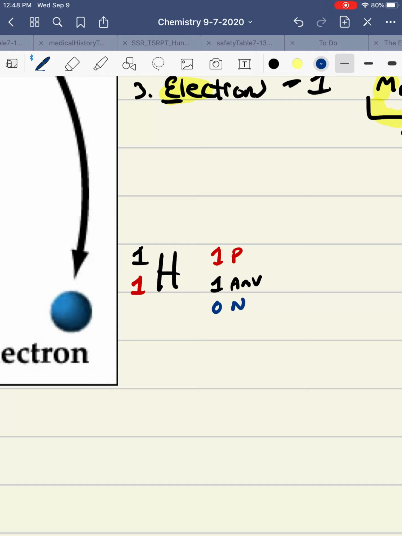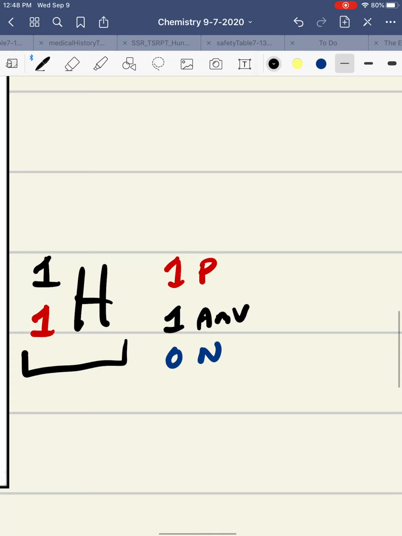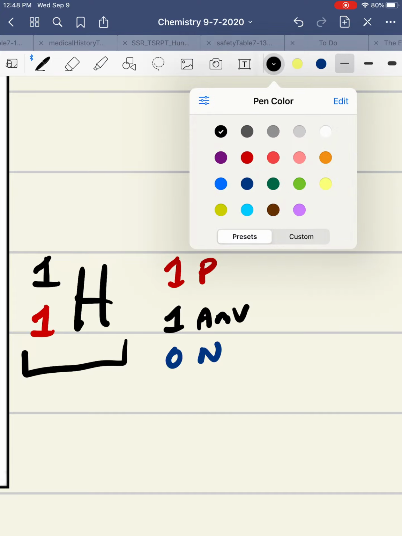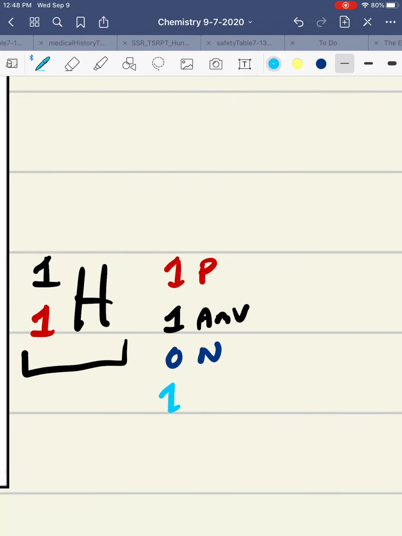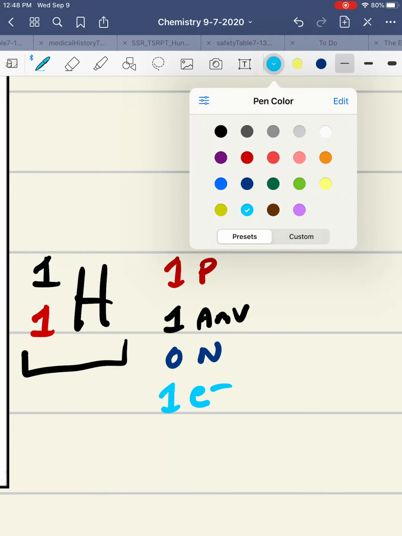And from this calculation, you will get 0 neutrons. Right? And I always told you to assume that there is no net charge here. Notice there's no net charge on the right-hand corner, right? So if there's 1 proton, 0 neutrons, and there's no net charge, we can assume that we have 1 electron because I told you there's no net charge.